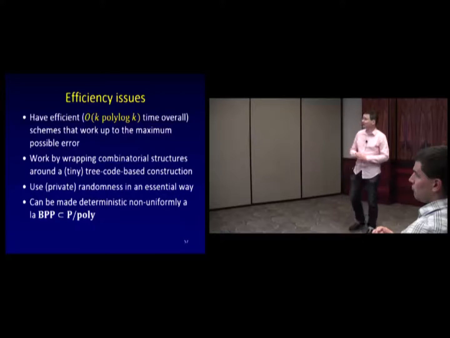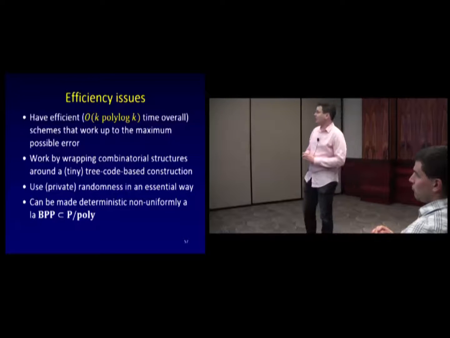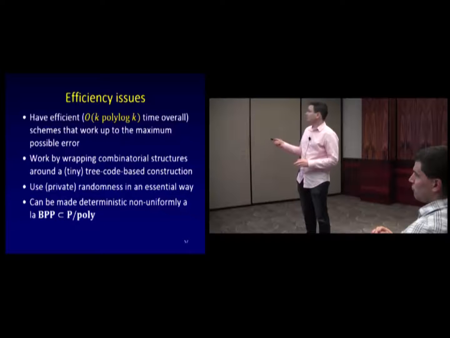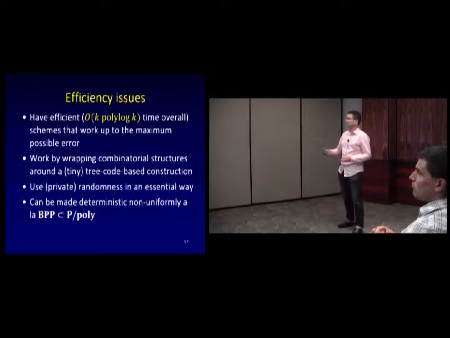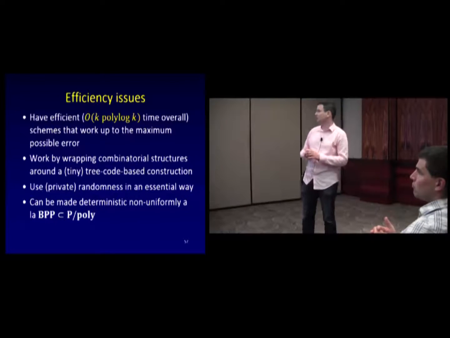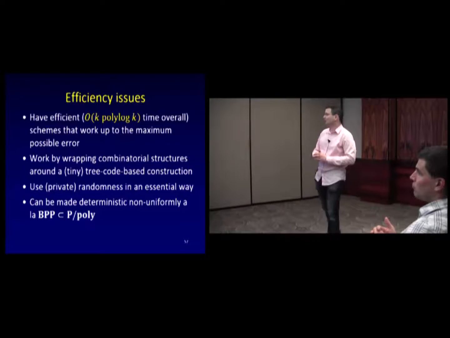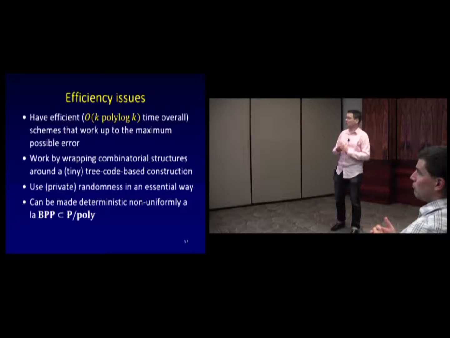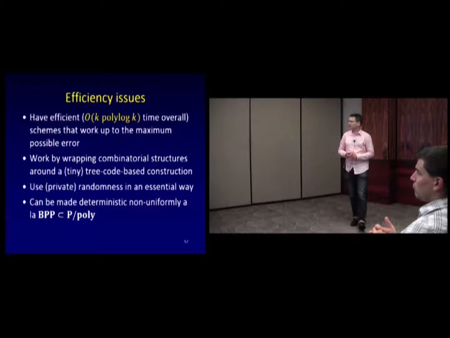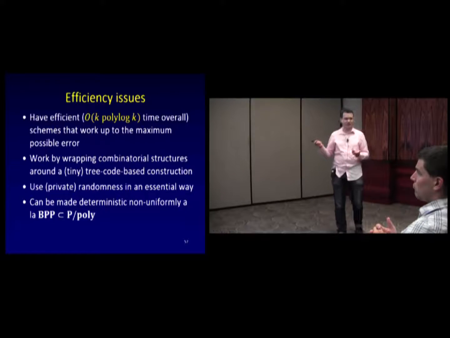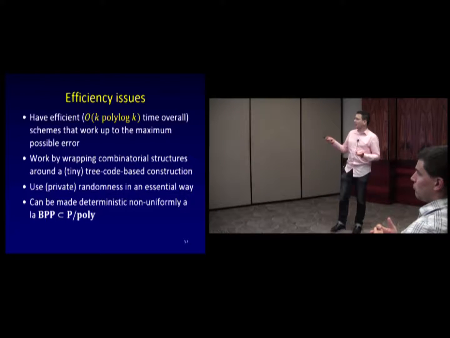So briefly about efficiency issues. We do have efficient, near linear time overall schemes that work up to the maximum possible error, and the best general one is the Haeupler 2014 scheme.